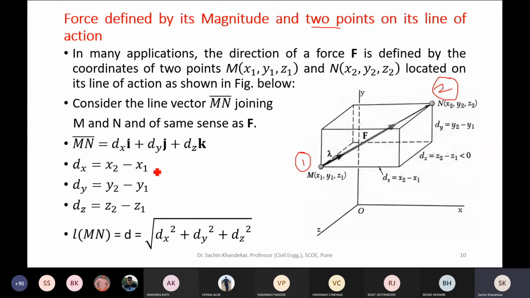And then we define dx, dy, dz as x2 minus x1, y2 minus y1, and z2 minus z1. That means, in short, coordinates of second point minus coordinates of first point. This is how you remember. Coordinates of second point minus coordinates of first point.